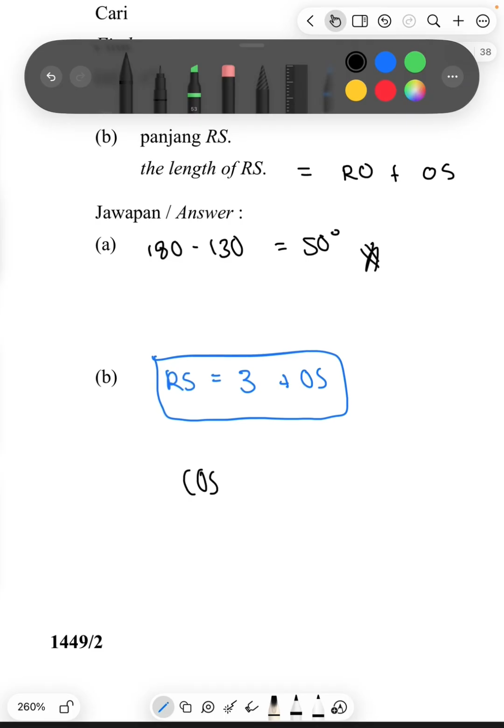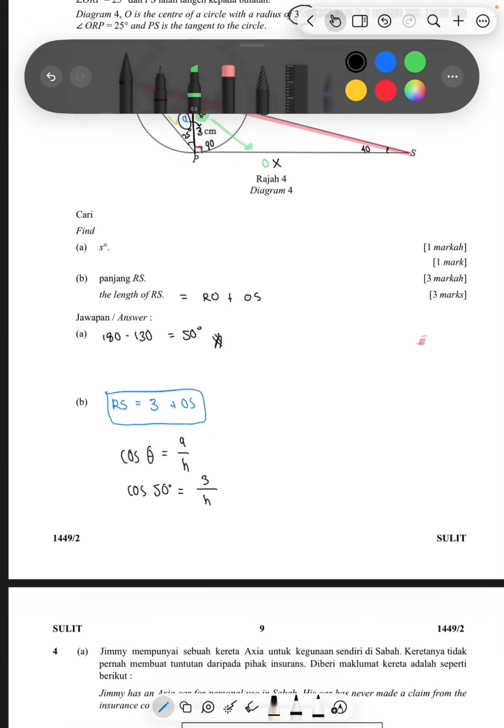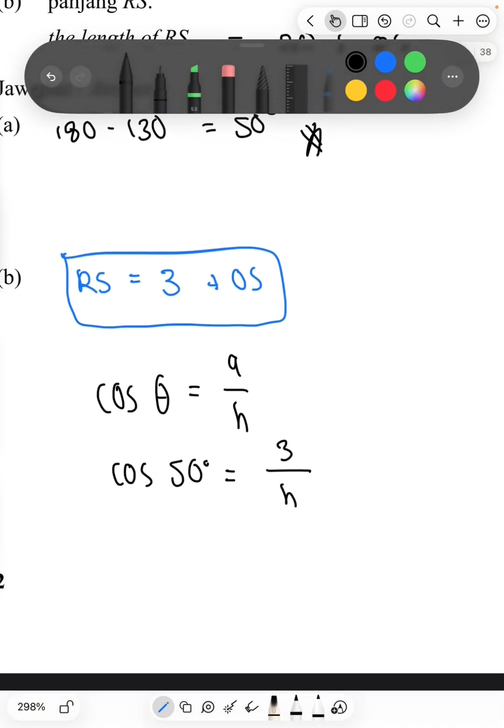So cos theta is equal to A over H. Cos 50 is equal to 3 over H. H is equal to 3 divided by cos 50.